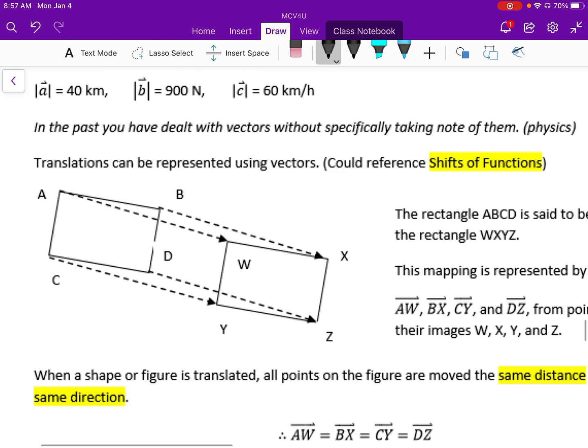One of the things I've already mentioned is that I know you've done this with vectors in physics. The other thing that we did with vectors, way back in grade 10, was shifts of different functions.